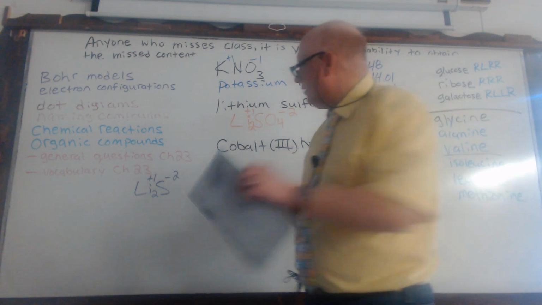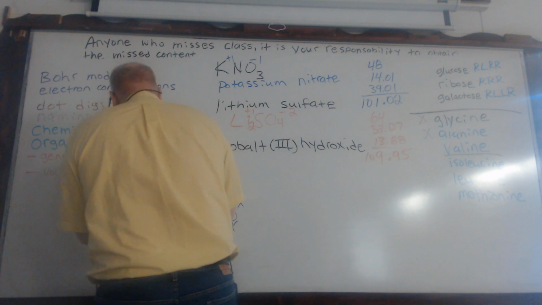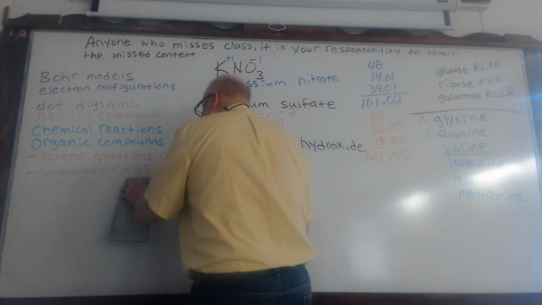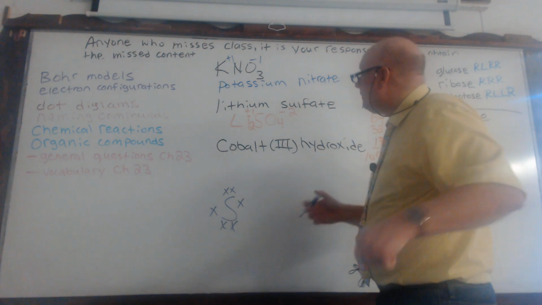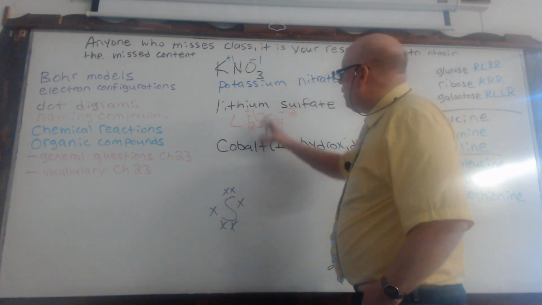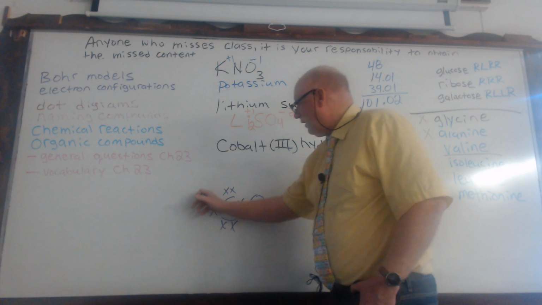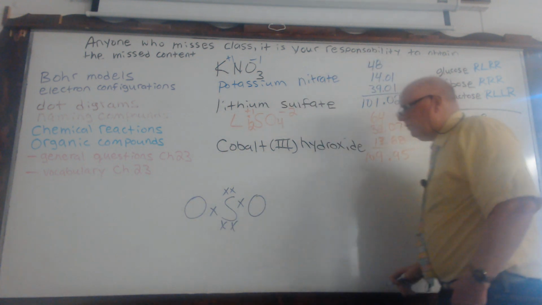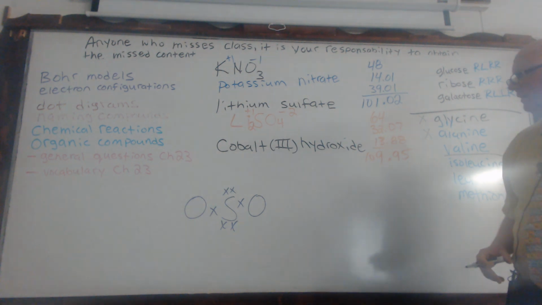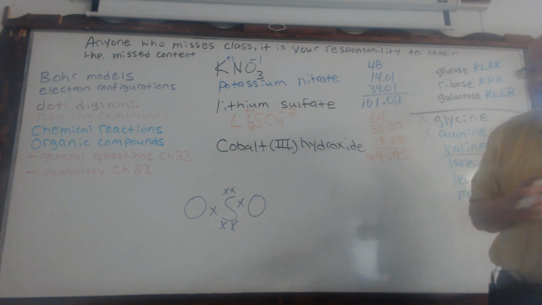But with lithium sulfate, it's really not quite that simple. Okay? So what we mean by that is as follows. We'll follow a similar pattern. We'd put an oxygen here and an oxygen over here. Okay? So what column is oxygen in? Okay, so how many valence electrons is that?